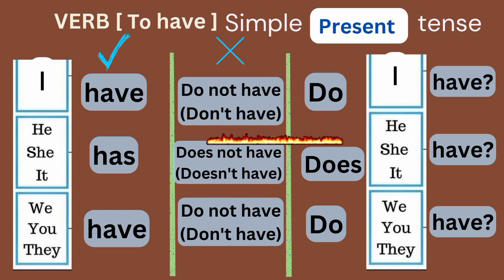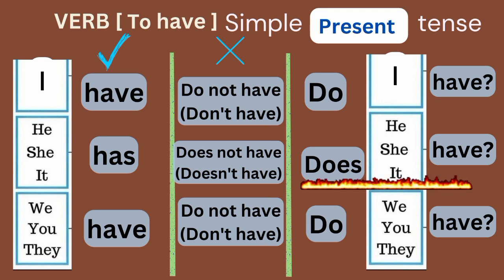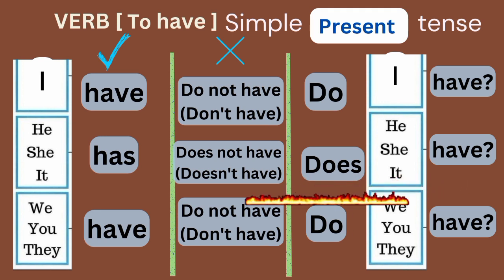For the second person singular, that is he, she, it has. In the negative form, he, she, it does not have. Does he, does she, or does it have when asking a question?